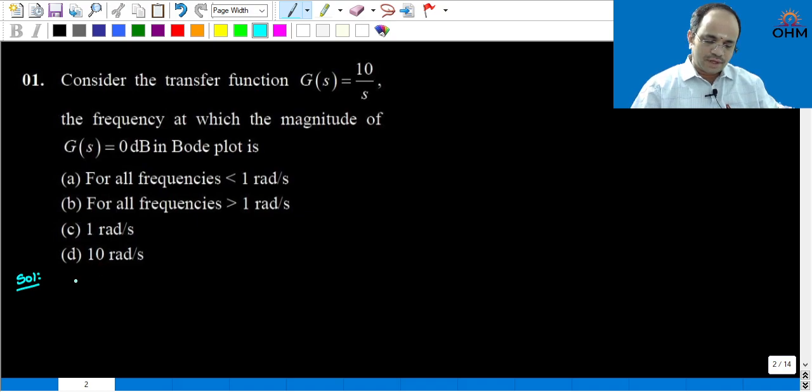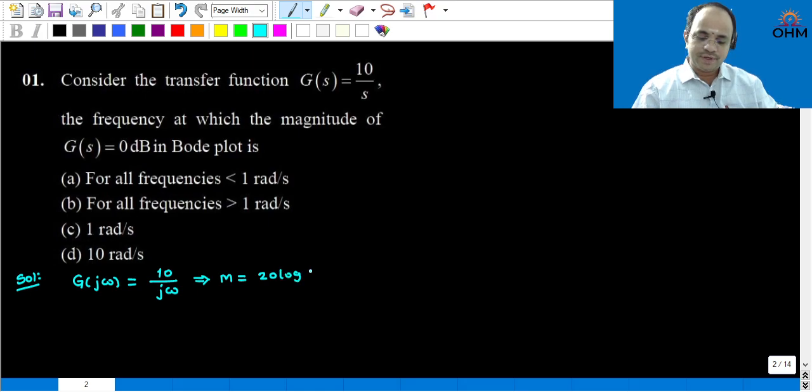Therefore, let us write G(jω) = 10/(jω). If you take magnitude in decibel, take 20 log of the right hand side, so you can write it as 20 log 10 minus 20 log ω.